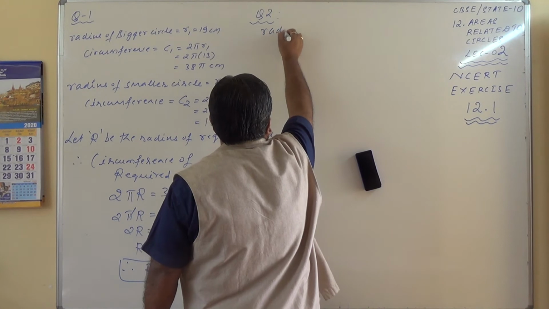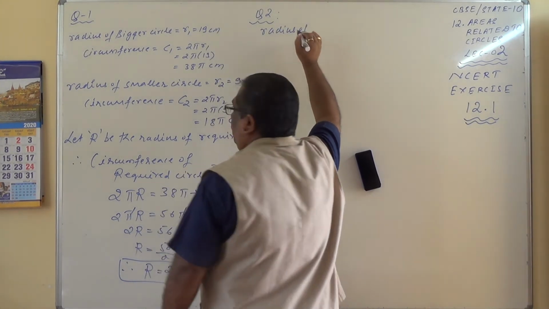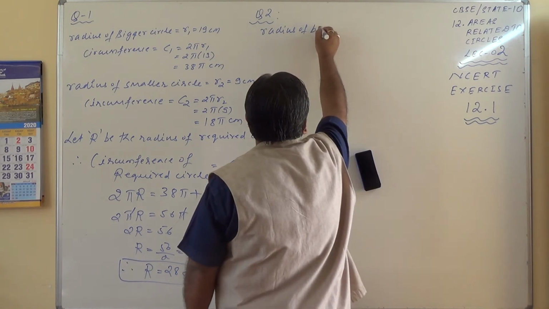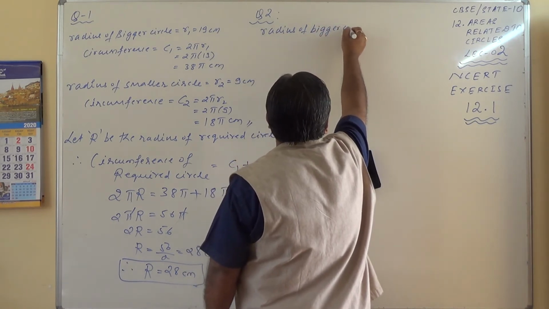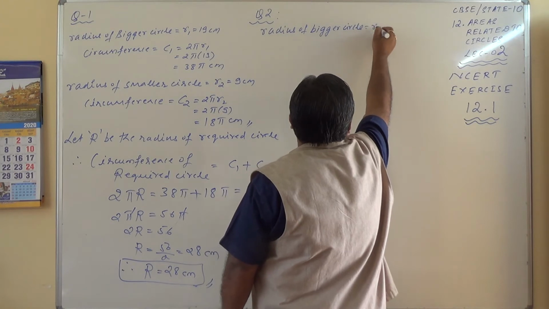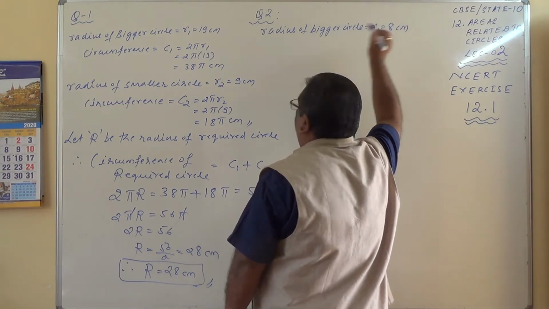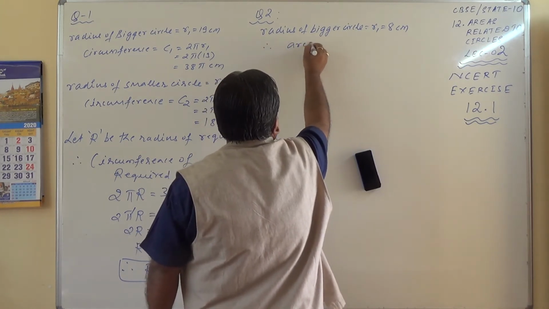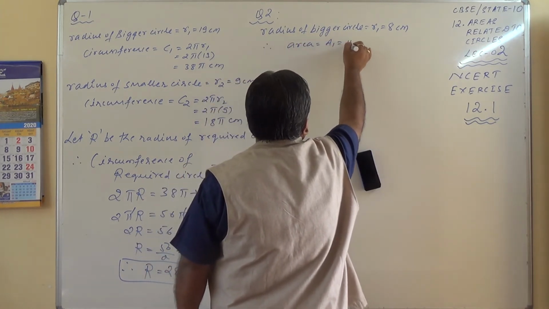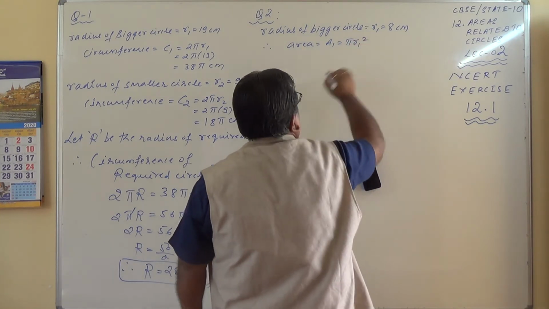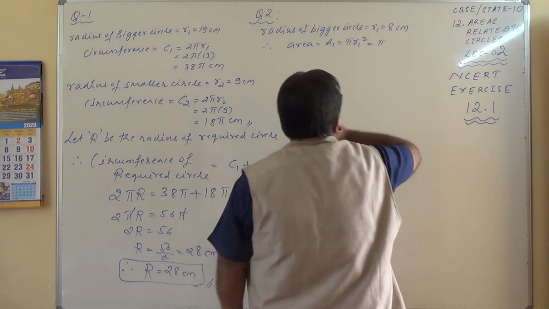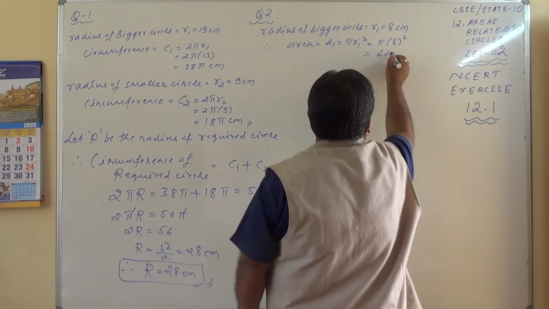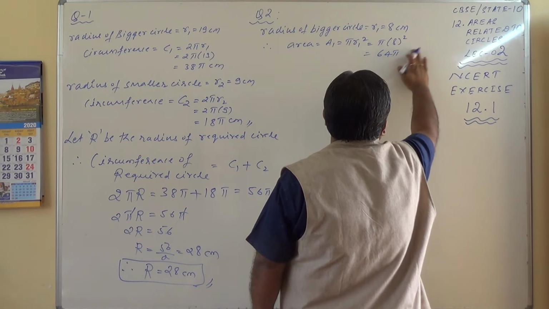Radius of a bigger circle R1 equals 8 centimeter. So area A1 equals pi R1 square, which is pi 8 square, which is 64 pi square centimeters.